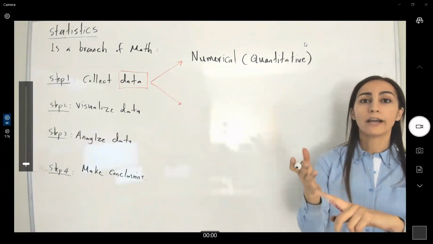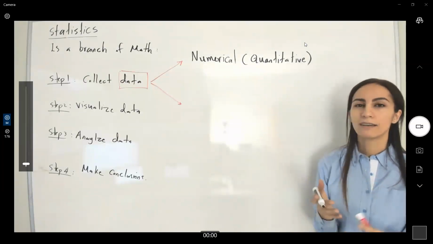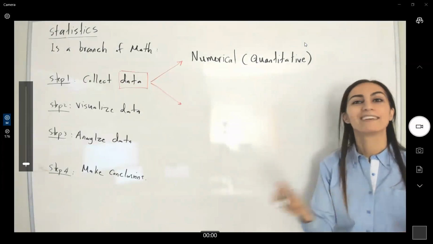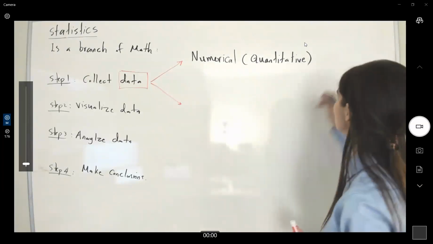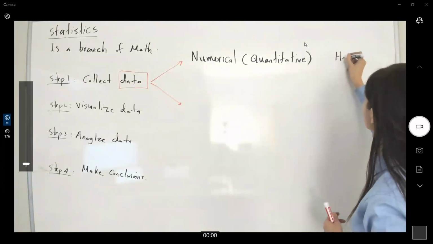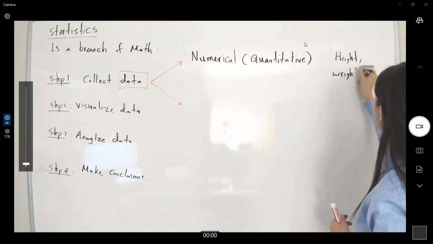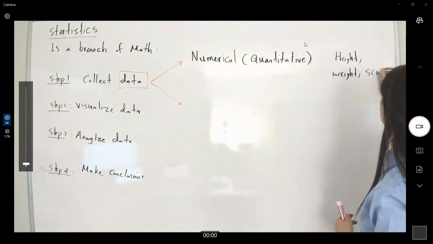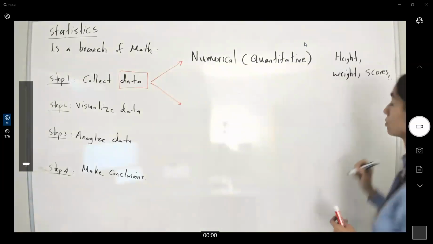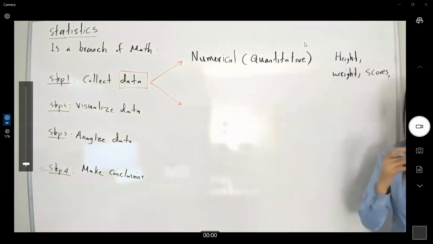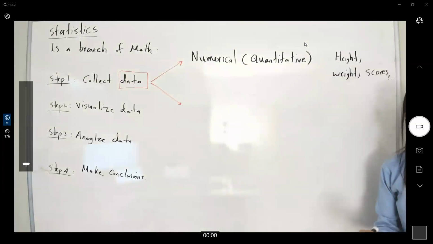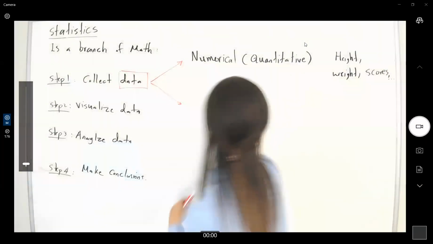Numbers like height, like weight, like SAT scores, and so on. The second one is called categorical or qualitative. It comes from quality.